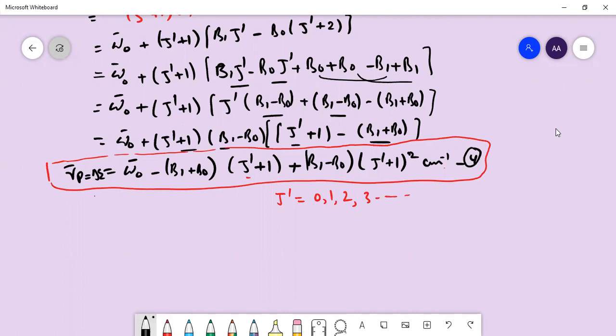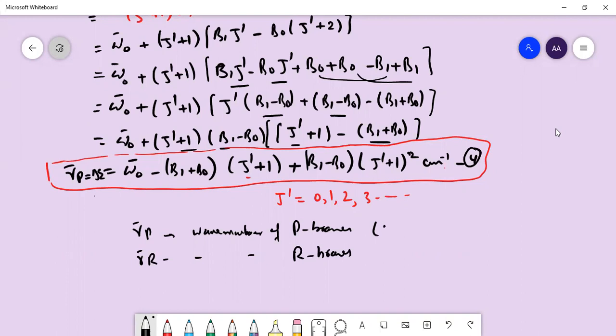Now, here we have used two new terms. One is mu bar P, and the other one is mu bar R. These two represent the wave number of P branches and wave number of R branches.